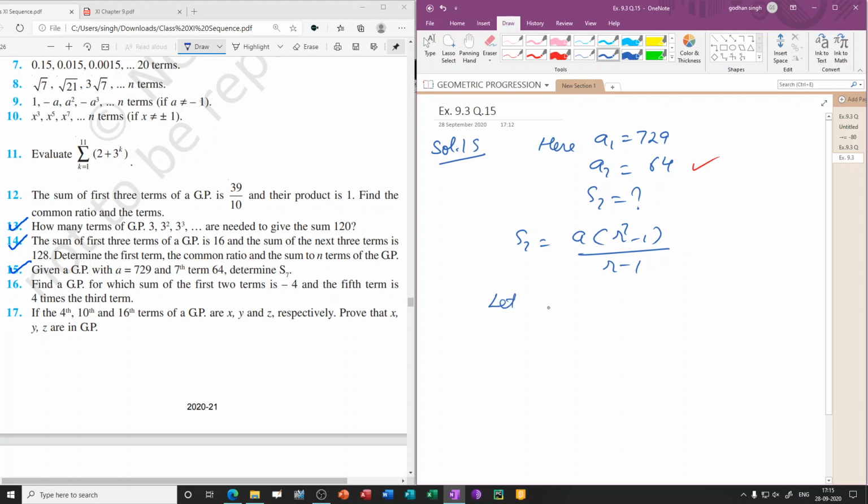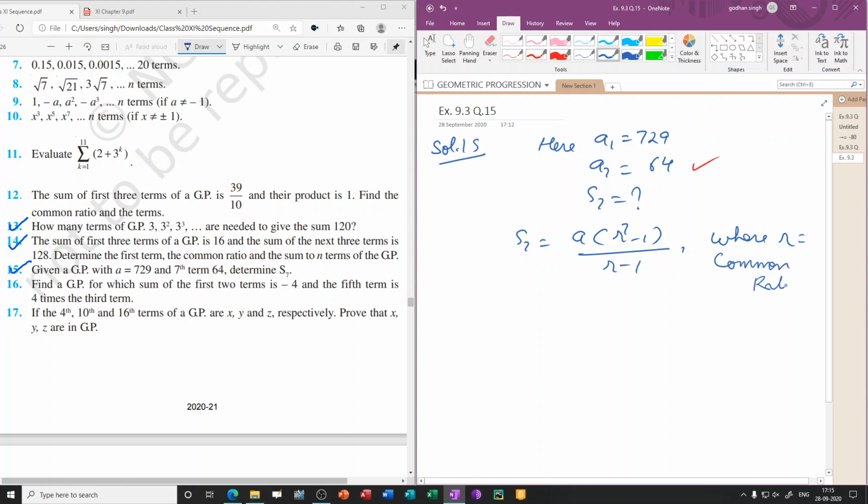Let r equal to, here instead of letting r, we will be writing here itself, where r equal to common ratio of GP.